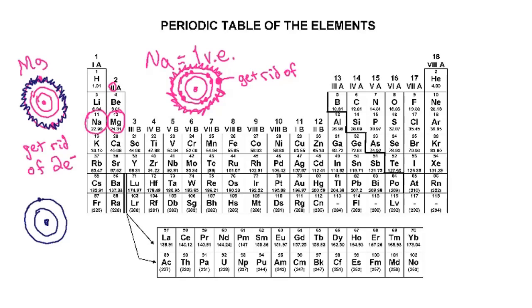We can assume that the energy layer beneath it has 8 electrons in it. So now it's complete, because remember, the goal is to have 8 electrons in your outer shell.